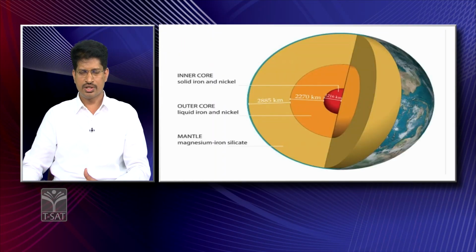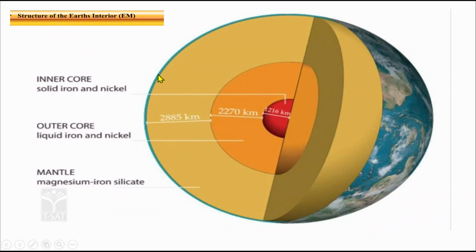So basically, to understand the earth's interior broadly, the earth has three major layers. The outermost layer is the crust, the blue layer, which is the thinnest layer. The thickness of the crust varies from 4 to 5 kilometers to a maximum of around 70 kilometers beneath the highest mountain ranges, and it is thin in the oceanic crust regions.